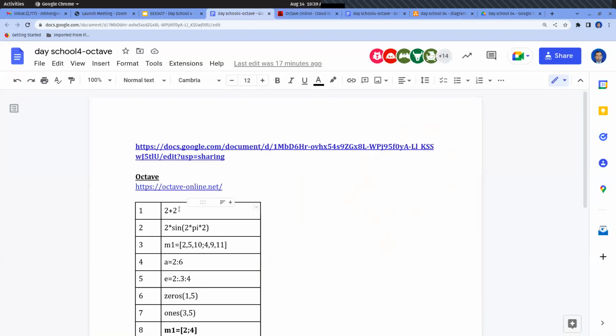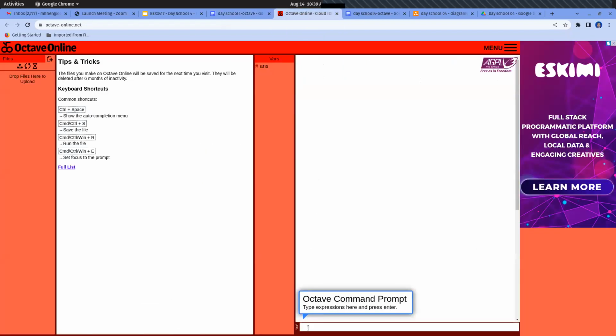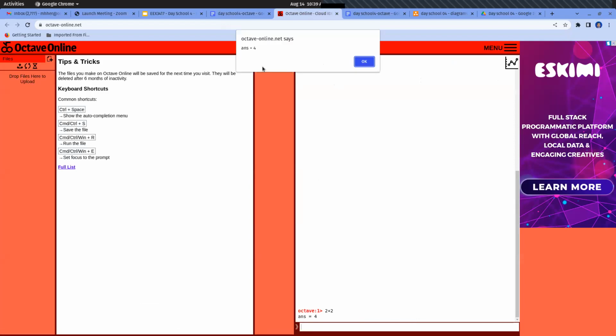This is just a calculation, 2 plus 2. You can type 2 plus 2, and here you can see the answer. You can get the last answer by clicking this one also. The answer is 4.